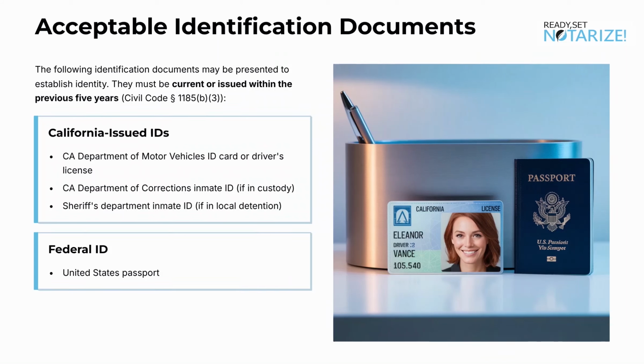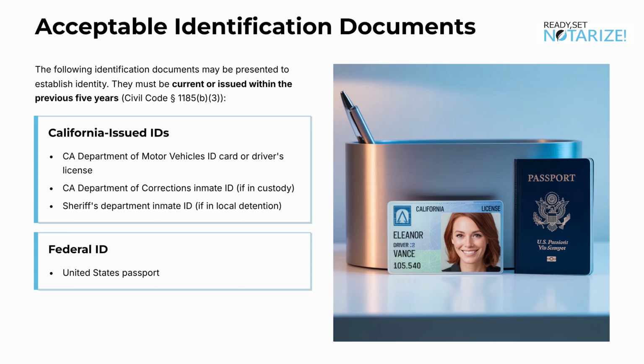The identity of the signer can be established by the notary public's reasonable reliance on the presentation of identification documents meeting the requirements of California Civil Code, Section 1185(b)(3) or (b)(4). In addition, there must be no information or circumstances leading a notary public to believe a signer is not who the signer claims to be.